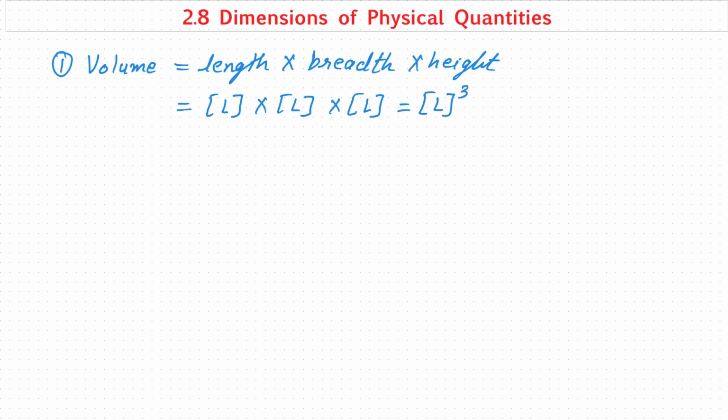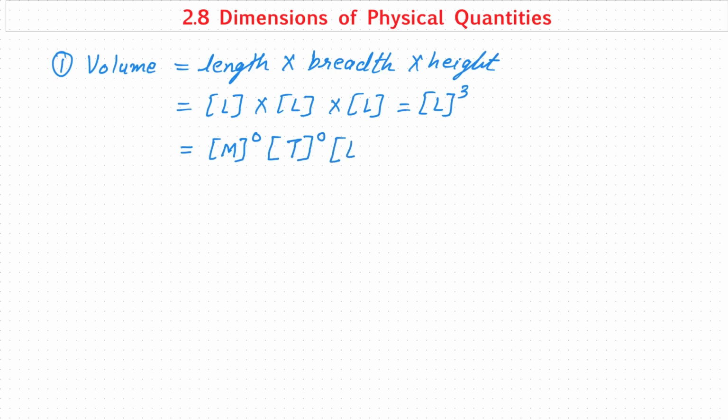L cubed in a bracket. Now this volume is not depending on mass, so it's obvious that the dimension of mass can be written as 0, and the dimension of time also can be written as 0, because this volume is not depending on time as well. So we can put T raised to 0.